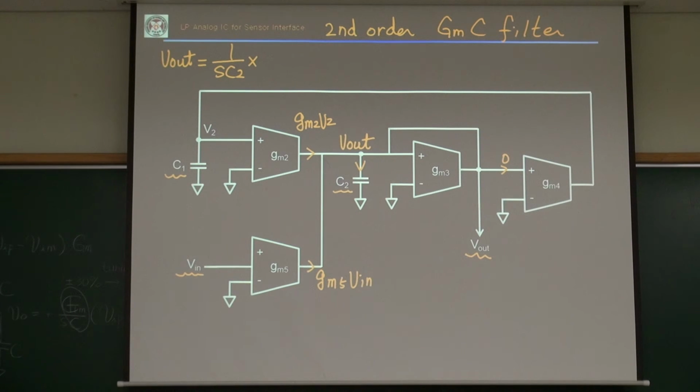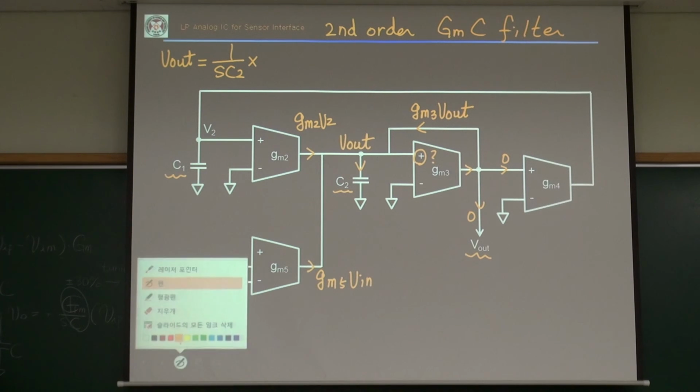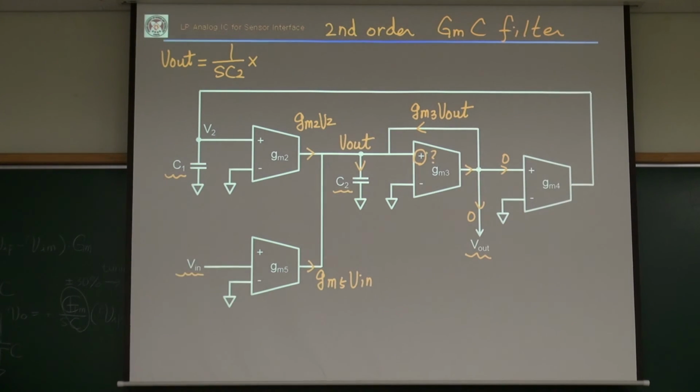So this current GM3 V out must flow in. Oh, should be negative, right? Oh, this is very weird. Negative, right? Is it right? I think it's wrong. Let's make it negative. This is a negative, okay?